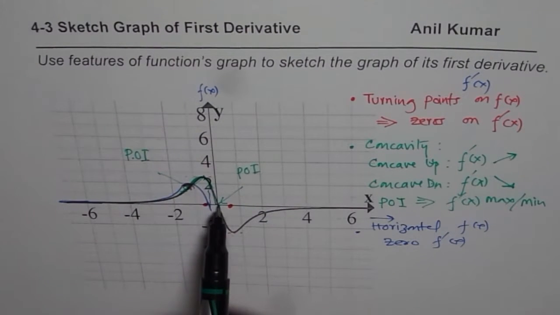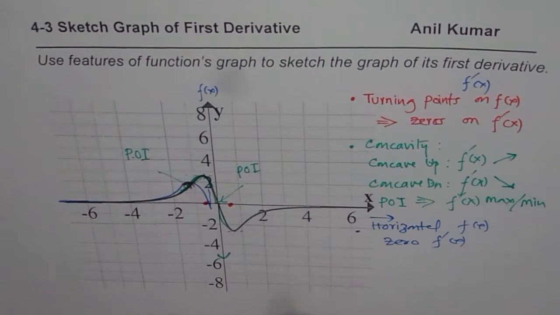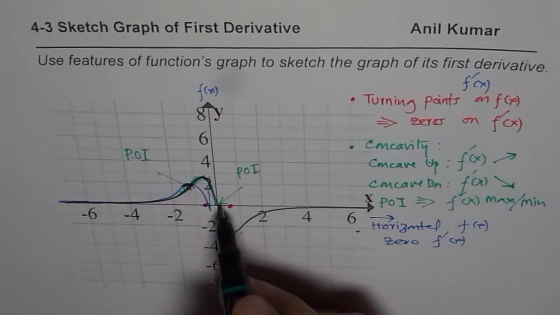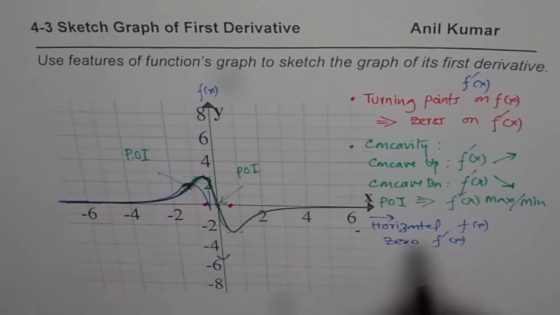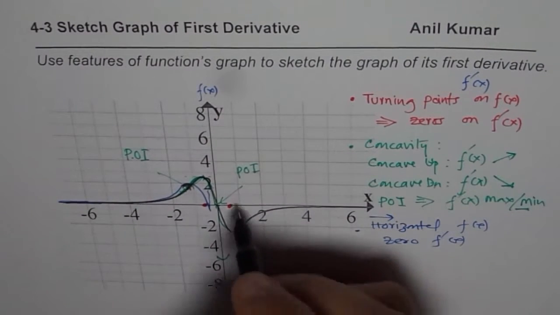So when it changes from down to up, we expect a minimum, right? So at this point, we have a minimum. So let us say that is our minimum, right? Values we are not very sure of, but we know that the derivative is minimum at this point of inflection, as we explained earlier, right? And we know it is 0 here, so it will turn.